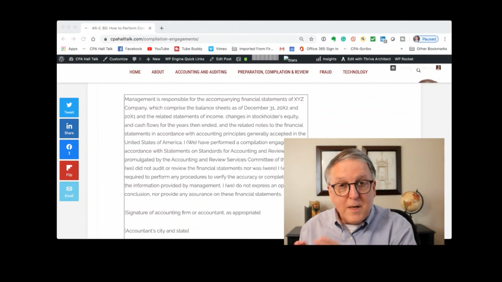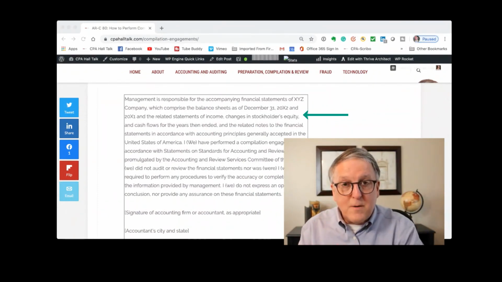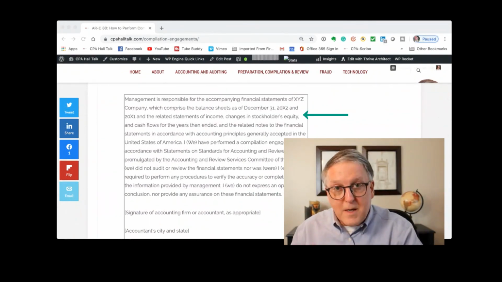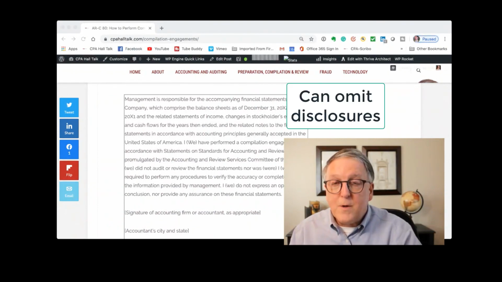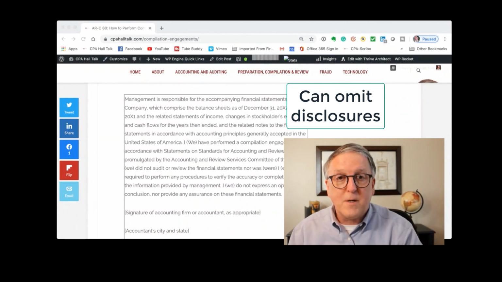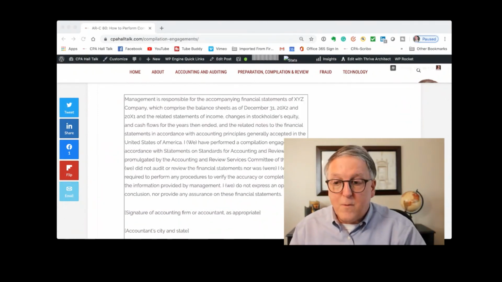It also names each financial statement that's in the compilation report and also the related notes if you include notes. Now, you can omit the notes to the financial statements if that's what the client wants.